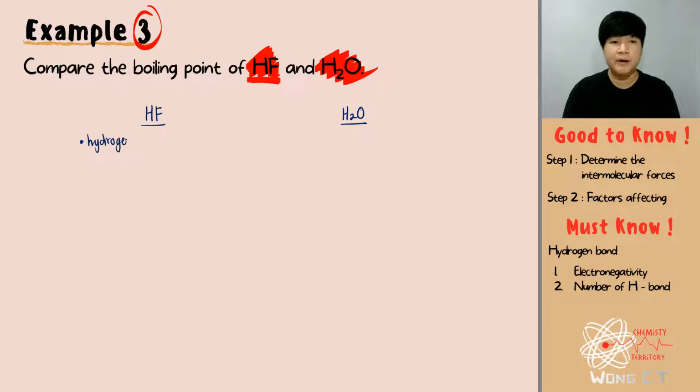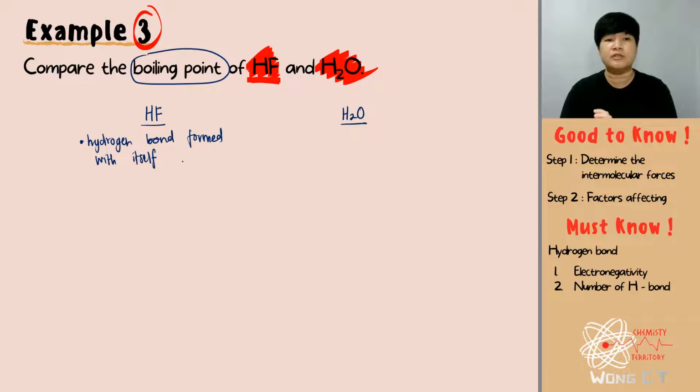Bear that in mind, since we are going to talk about boiling point, the hydrogen bond that we are going to talk about is the hydrogen bond formed with itself. Alright, we are not talking about solubility. So the hydrogen bond means between HF and another HF. Okay, same goes for water. The hydrogen bond that we form in the water molecule is the hydrogen bond formed between the water molecules.